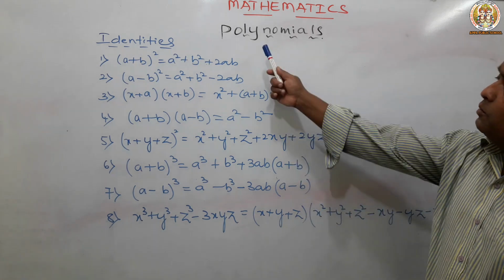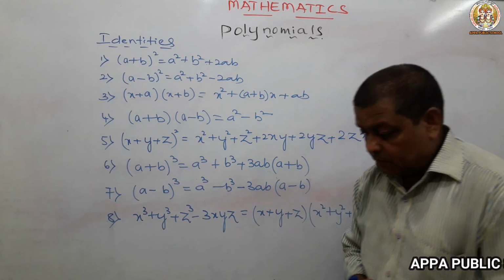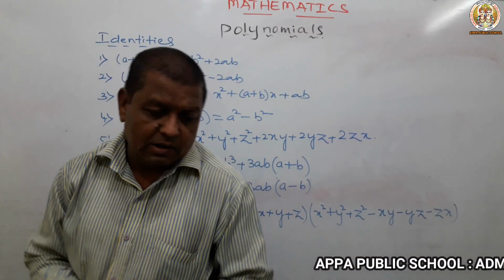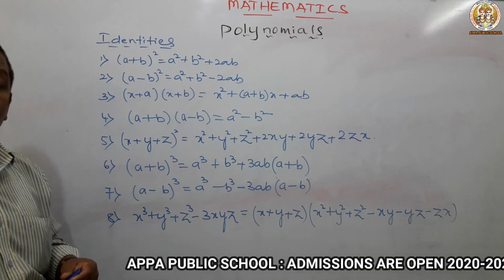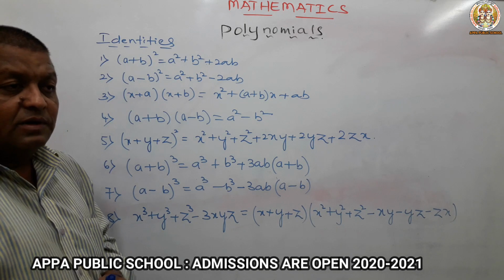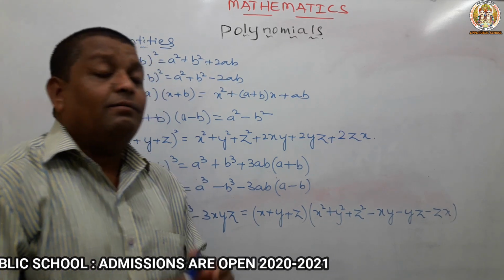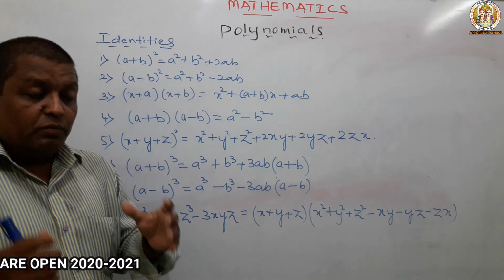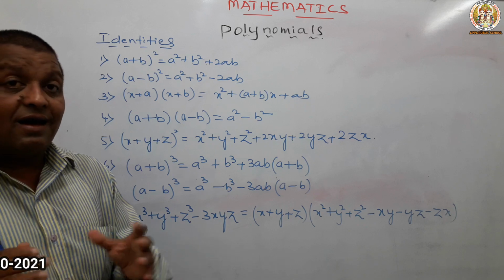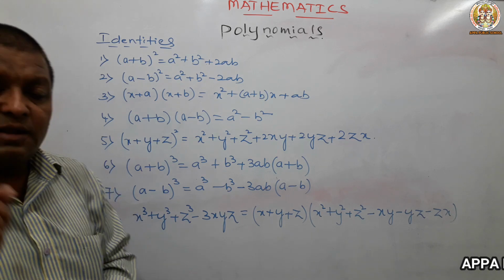Now we are moving to another part of the polynomial, which is identities. You already know that in algebra maximum identities will come in, and maximum sums in the exercise are solved by using identities. So we need to be thorough in the identities. Always keep the identities on the tip of the tongue.